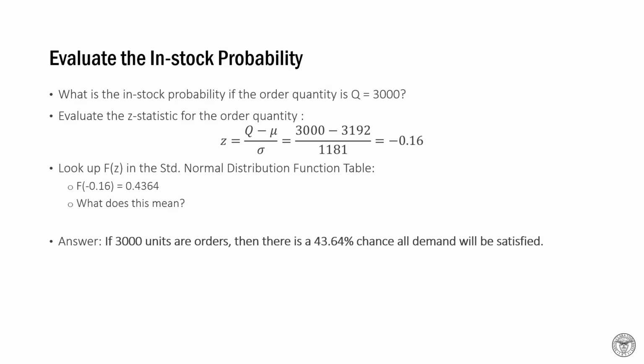By considering the in-stock probability, we can make more informed decisions regarding our inventory levels and ensure a higher level of customer satisfaction. It is a crucial metric that helps us strike the right balance between meeting demand and optimizing our business operations.